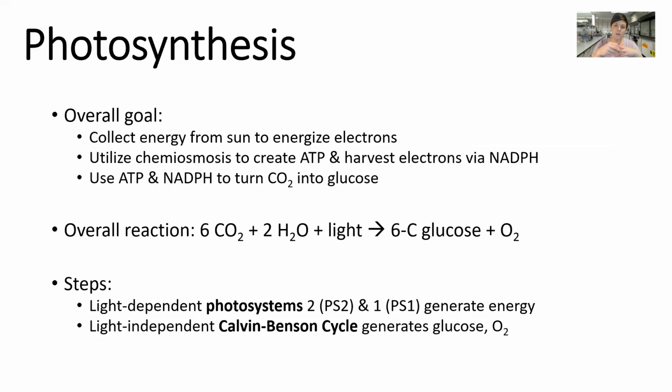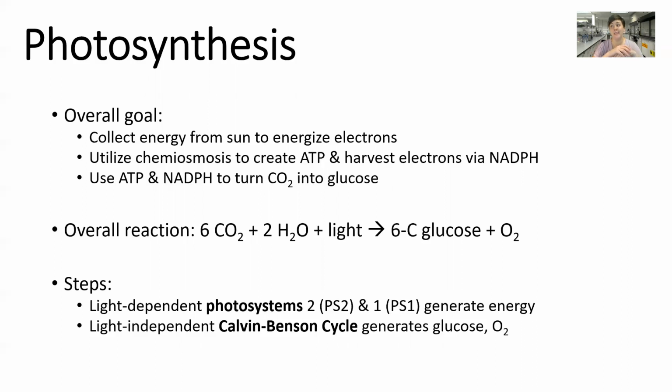So with photosynthesis, we're going to collect energy from the sun to release and energize some electrons. Then just like in cellular respiration, at least with oxidative phosphorylation, we carry those electrons to a membrane where we generate a proton motive force, which allows us to generate ATP.